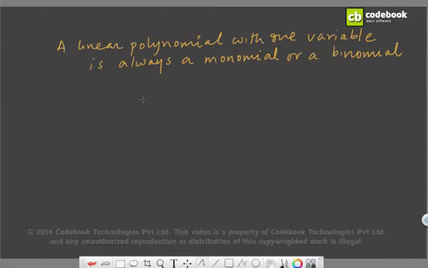So how would you write a polynomial whose degree is 1? One example could be 3x. If you look here, the degree of this term is 1, and the degree of the polynomial itself is 1. So in this case, this is a monomial.